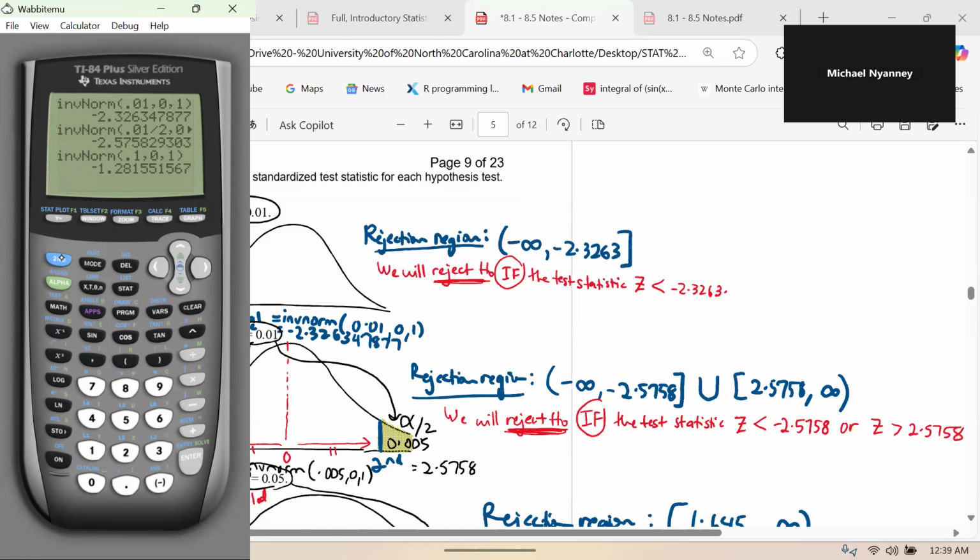So you hit your second and choose inverse, and choose the 3, the inverse norm. So the area given is your alpha, and that is 0.01. You're good to go. You don't do anything else. So hit enter and you're good. You get your rejection. So this is your z alpha, but it's an interval. So you pick from this to the negative infinity, and that gives us this value.